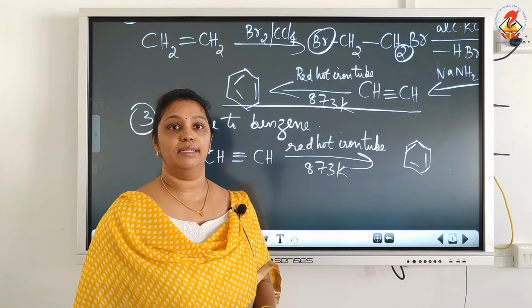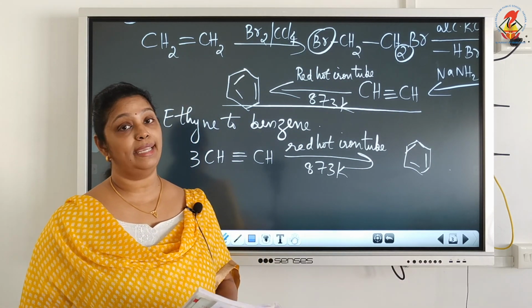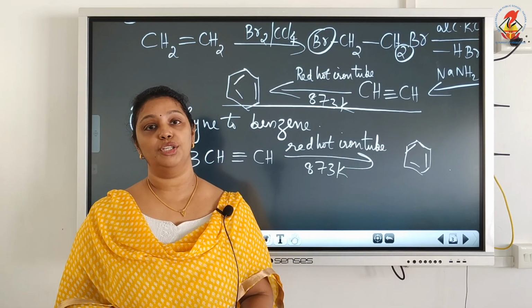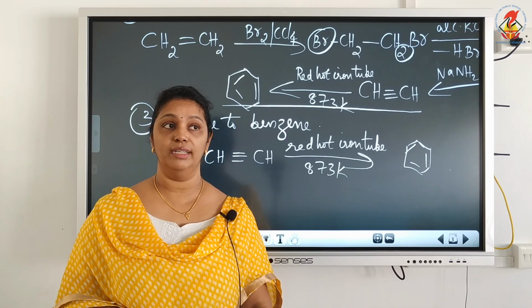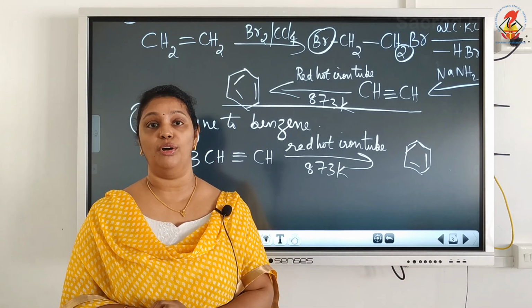Now the next is preparation of benzene from benzoic acid. So here we use the decarboxylation of benzoic acid. Now here you can use any aromatic acid. I am going to show the example with benzoic acid.